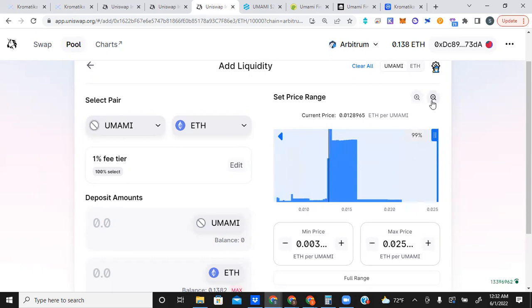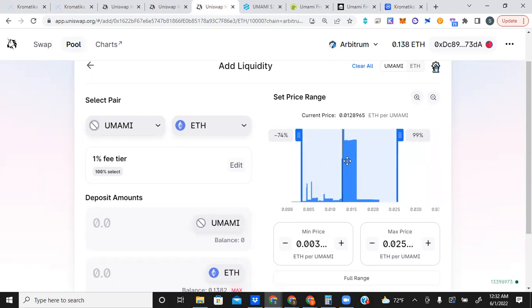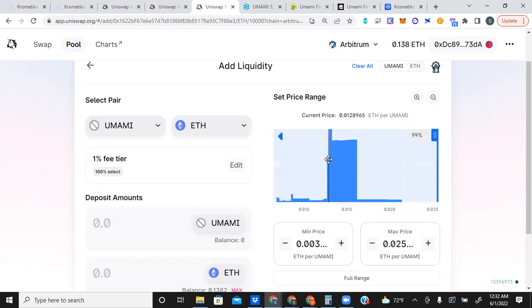With Uniswap version 3, you have the option to concentrate your liquidity very tightly. So if you're in the 1% fee tier, your liquidity can be concentrated in 2% ranges.